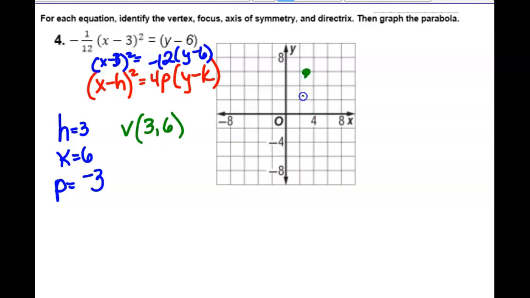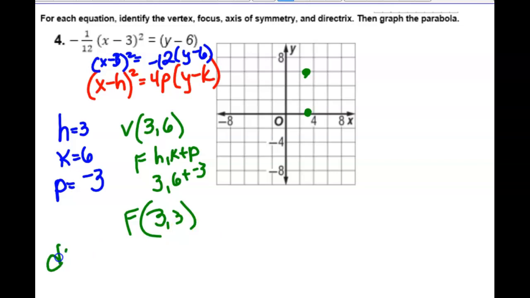If p is negative 3, can you conceptually tell me where the focus is? It's 3 units which way? Down. So it should be here. The formula for focus is h comma k plus p. So we'd have 3 comma 6 plus negative 3, which would be 3, 3.